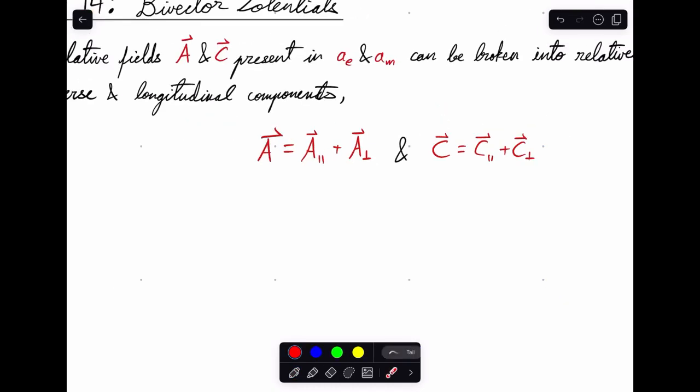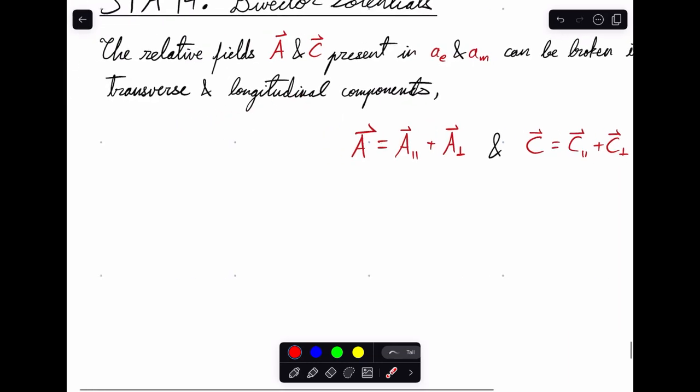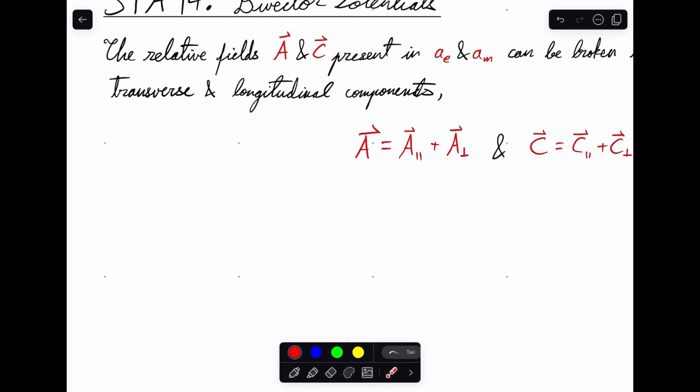Now, they are talking about transverse and longitudinal rather than perpendicular and parallel, but the concepts here are essentially the same thing. You call a field longitudinal if the arrows point in the direction of motion, and transverse if they point perpendicular.